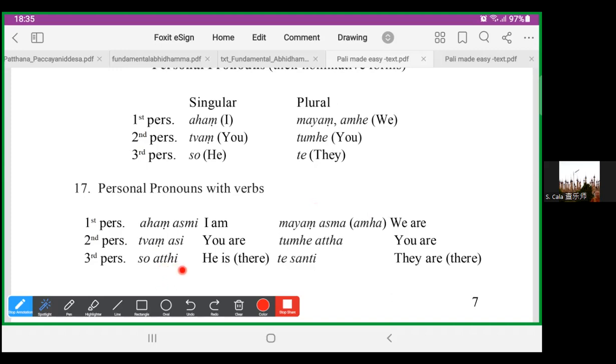Ati. Te santi. Okay, next one. Tuam asi, tumhe atha, aham asmi, mayam asma, mayam amha.